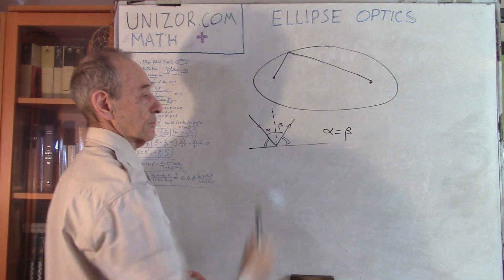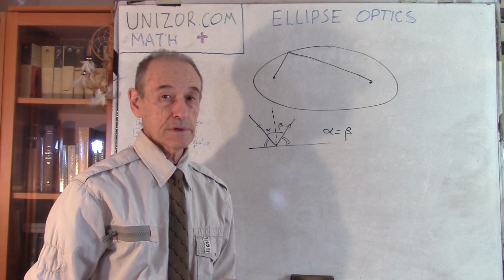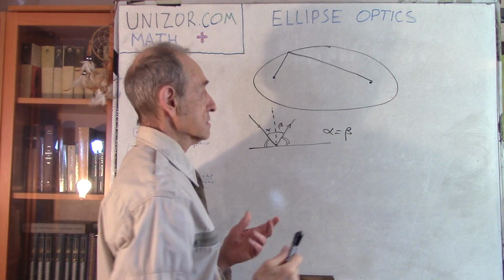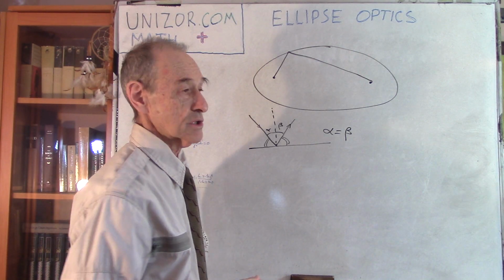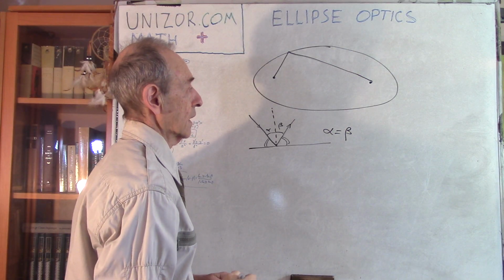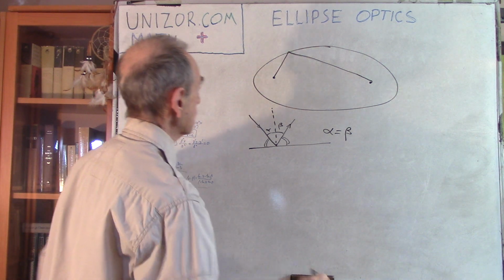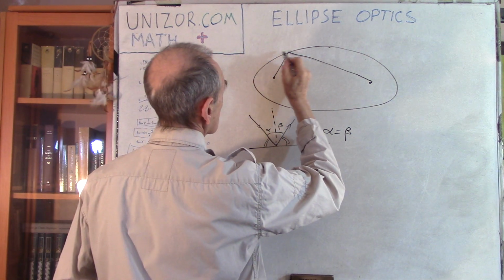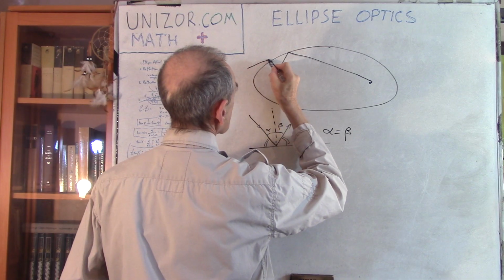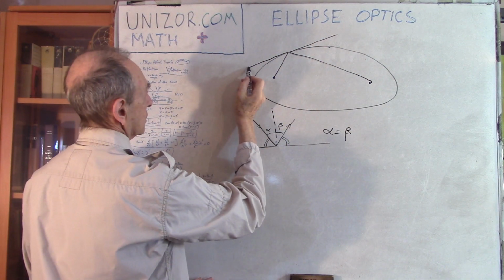Okay, that's fine, but we don't have a straight line here like this. We have a curve. So now we have to define the reflection off a curve. And this is basically a very simple definition. We are talking about a smooth curve, and in this case the curve has a tangential line. So let me put the tangential line here. This is the tangential line, okay?